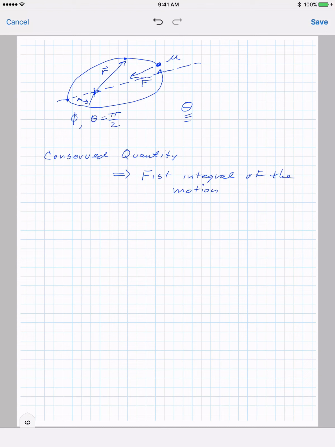This goes way back to Hamilton and Jacobi and Liouville in the middle of the 1800s, and they were thinking in terms of solving differential equations more than they were thinking in terms of dynamics. First integrals were ways that you would solve differential equations.